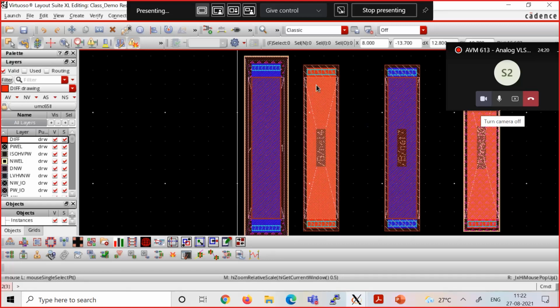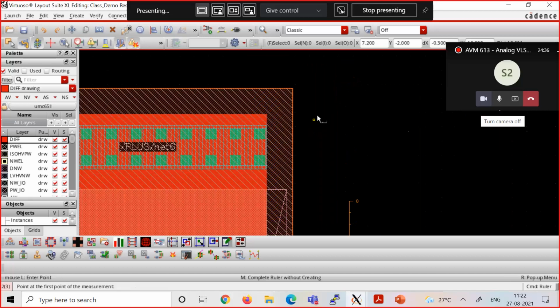When you say 10 micrometer, let me use a ruler to show you. Your 10 micrometer is this much only. Now, in order to make contact, you have this little extra extension, around 1 micrometer or 0.8 or 0.7 micrometer.